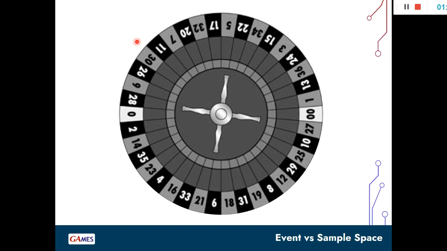We've identified that that event has how many possible outcomes? Just one. So what's the probability that that outcome would occur? 1/38. Yes, exactly. It's 1/38 because we have just one outcome for that, and the total number of outcomes in the sample space is 38.